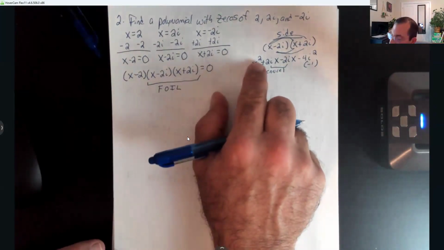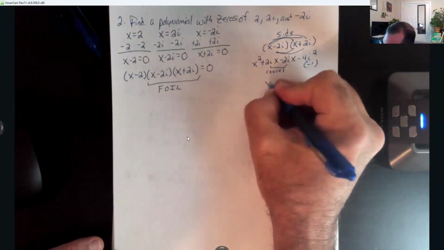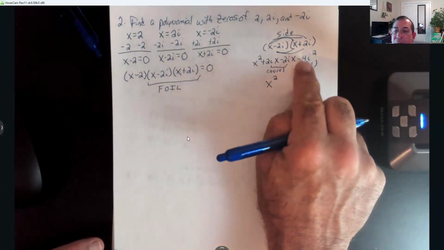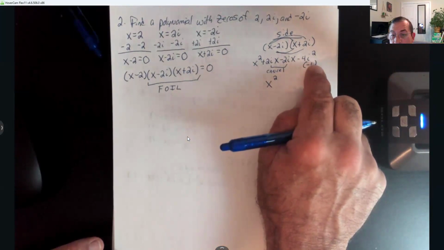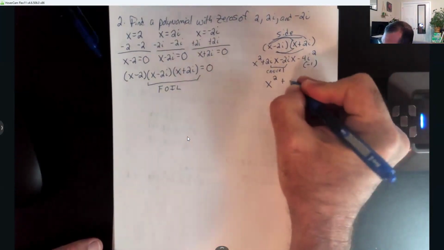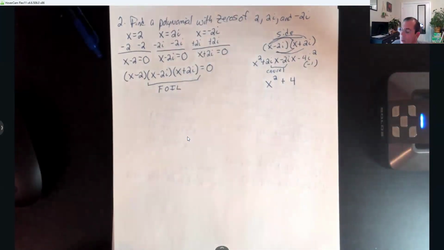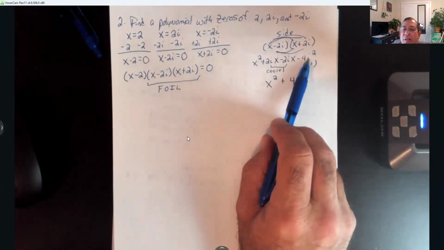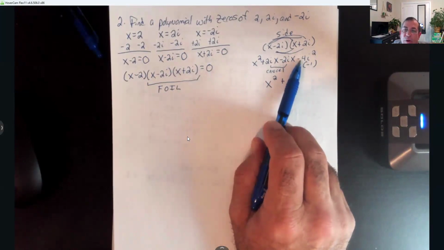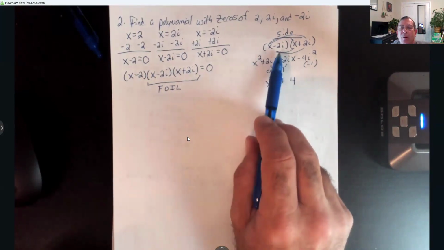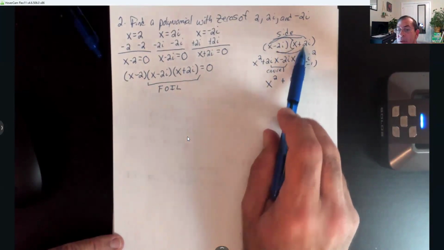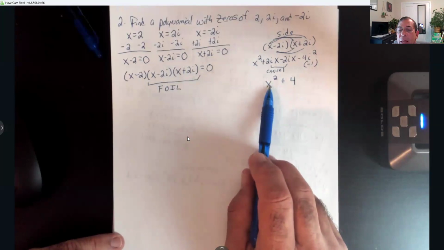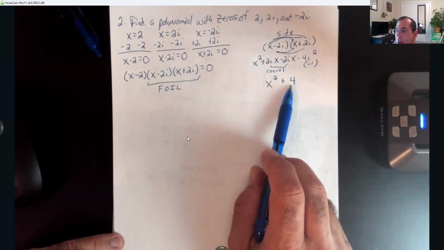So watch what happens. The x squared comes down. This -4i squared is really -4 times -1. So that makes that a +4. So all i squared does is it changes the sign of the number in front of it. Now, when you FOIL conjugate pairs of imaginary numbers, they always come out as an x squared plus that number, okay?